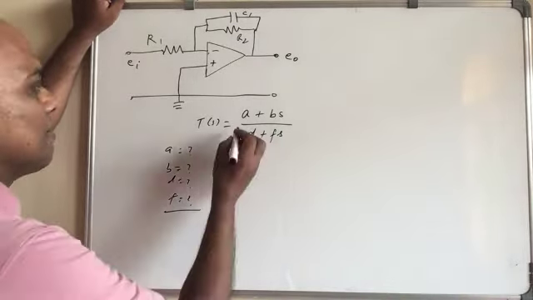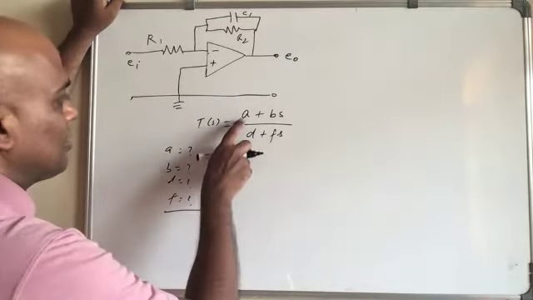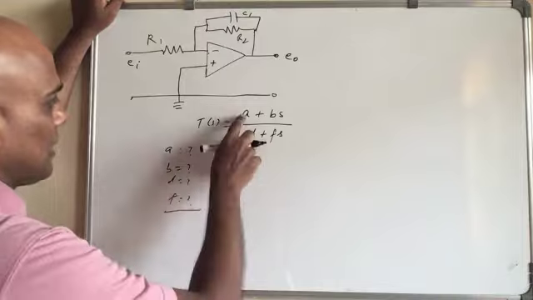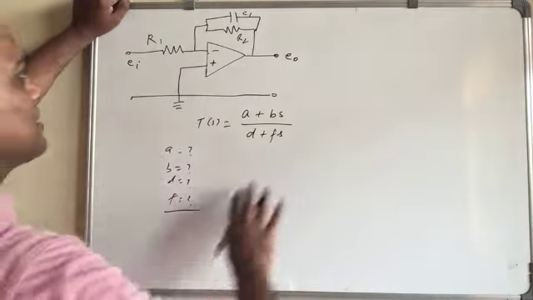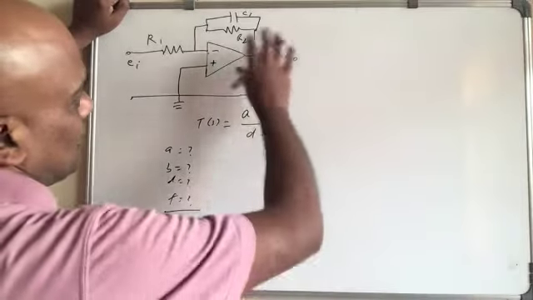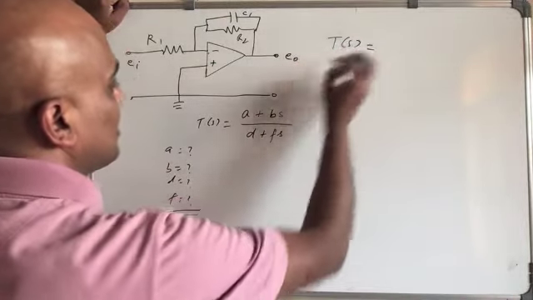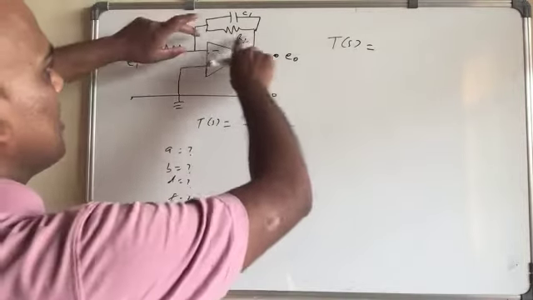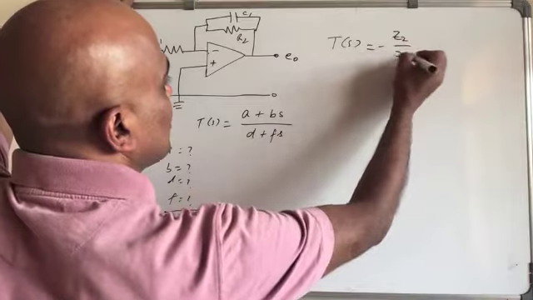Maybe this will be a matching problem, or I can tell you one of the values, say A equal to this, and based on that I ask the others. So in this case, how to find out? The transfer function will be equal to minus Z2 over Z1. Why minus?